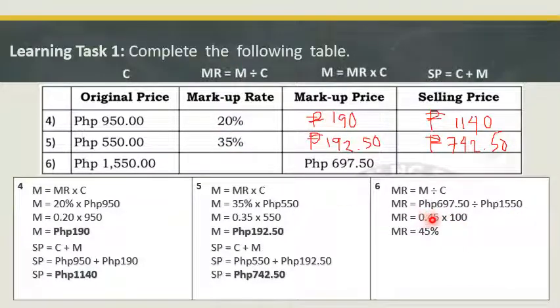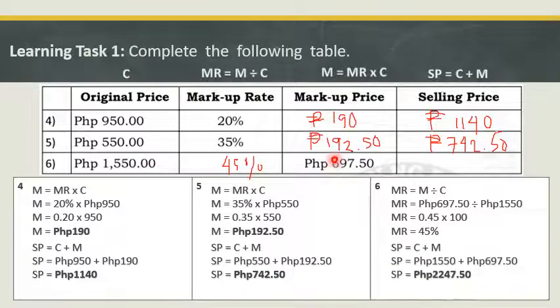So, 0.45 times 100 is 45%. Then, para makuha ang selling price, add lang natin ang C, yung ating cost, at saka yung markup. So, ang makukuha nating total is 2,247 and 50 centavos.